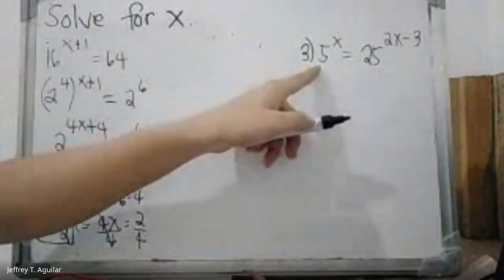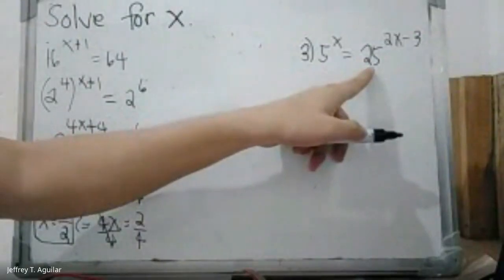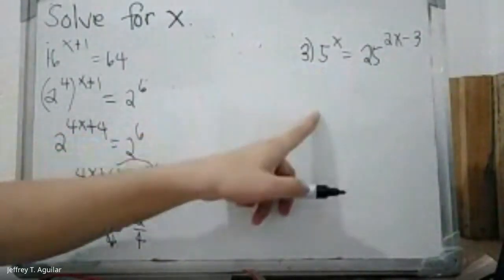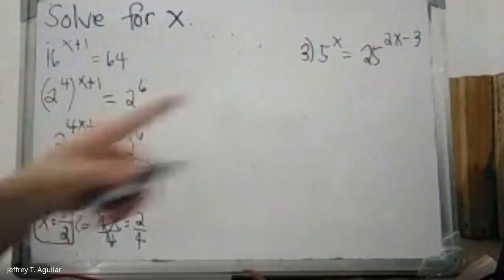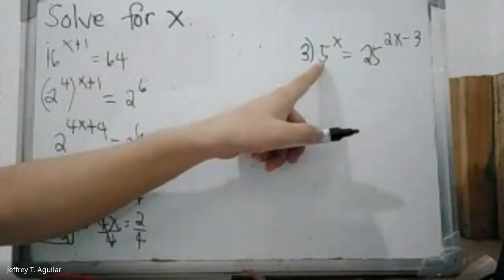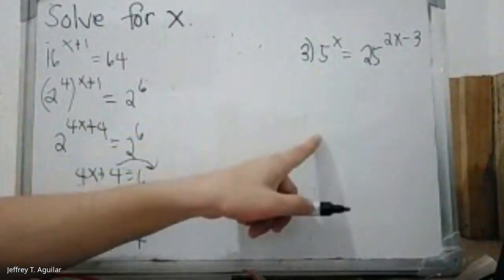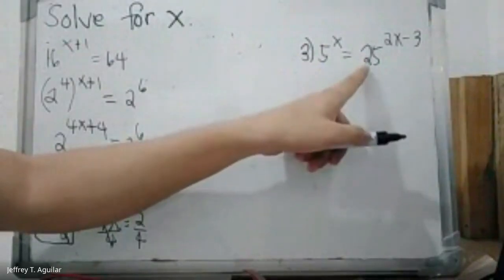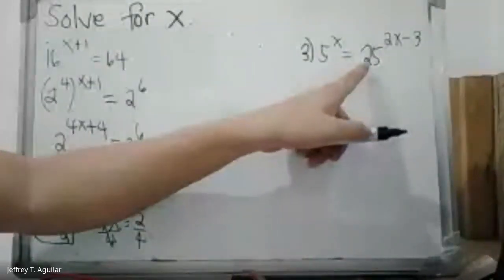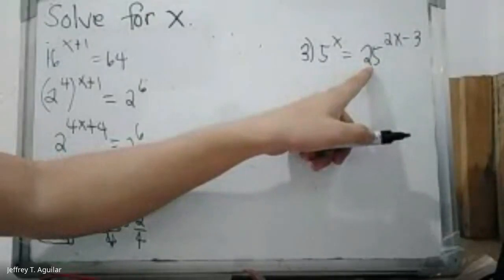It's 5. The base on the right is 25. Now, 5 is already in its base form, meaning to say you cannot transform 5 into another exponential figure because this is already in its simplest form. How about 25? 25 is a perfect square which can be written as 5 squared. So we are going to touch 25 and do not touch 5.